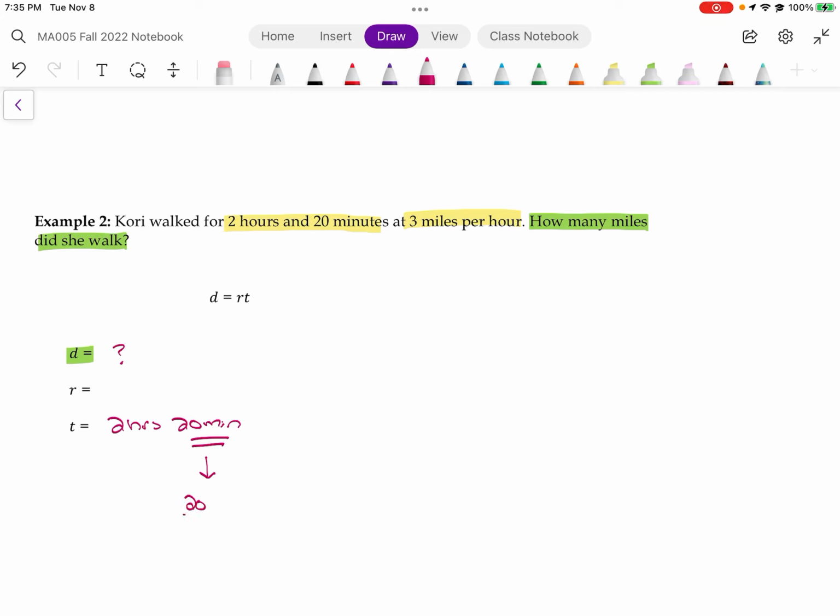Well, it's 20 out of 60 minutes. So 20/60th of an hour. So that reduces to 2/6, which then reduces to 1/3. Or you can just take it on your calculator and you're going to get 0.33333, 20 divided by 60.